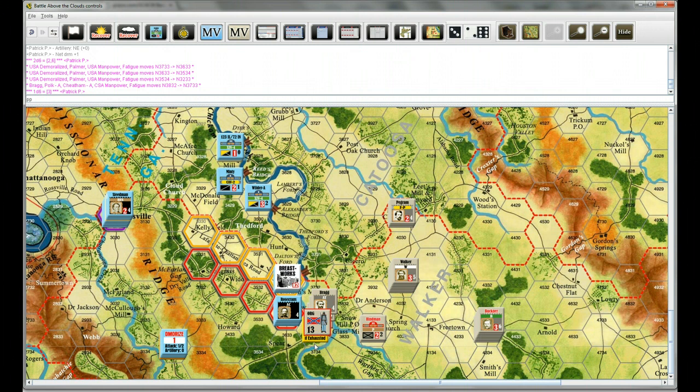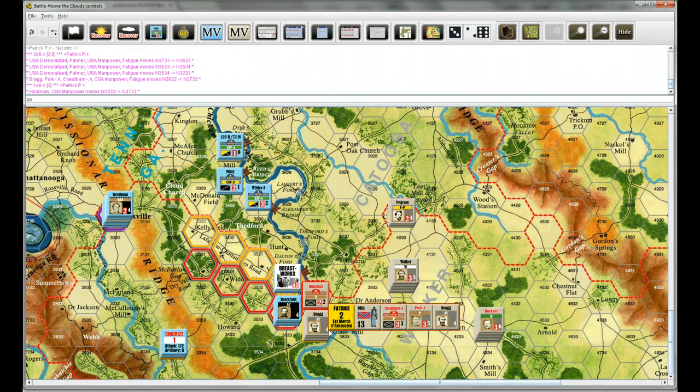I could then, at this next step, which is a sub part, and I'm actually going to talk about this here, let me just for example bring Hindman up. Let's just say that his division was occupying that hex as well. After you've been guaranteed the right to proceed with your assault, you now have a next step on the decision tree before you actually complete all the die roll modifiers.